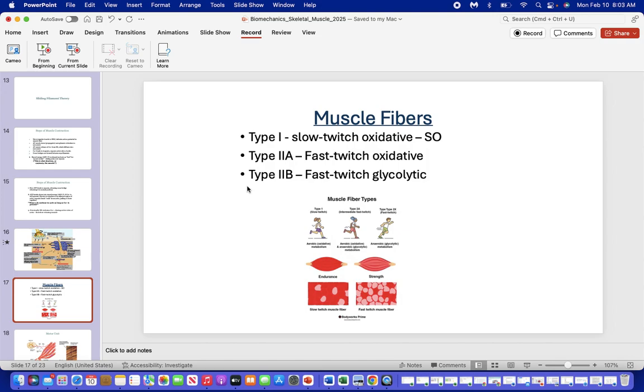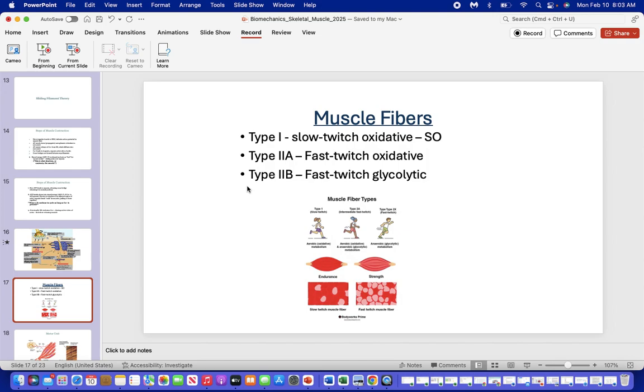Type 2A, or fast twitch oxidative, are fibers that contract quickly and use aerobic metabolism to generate energy, but may switch to anaerobic, making them relatively resistant to fatigue compared to other fast twitch fibers, but they still fatigue faster than slow twitch fibers.